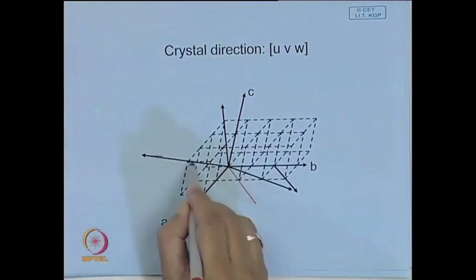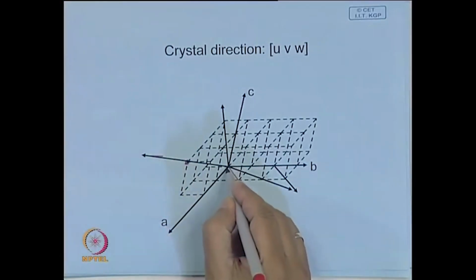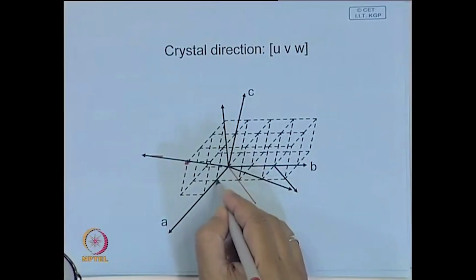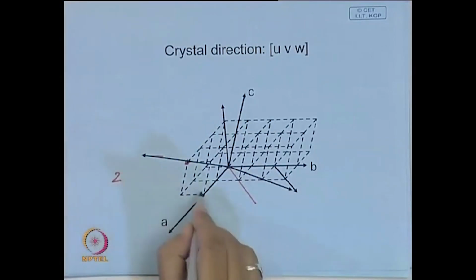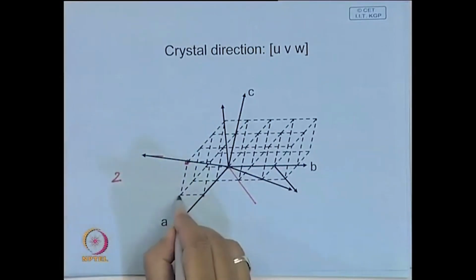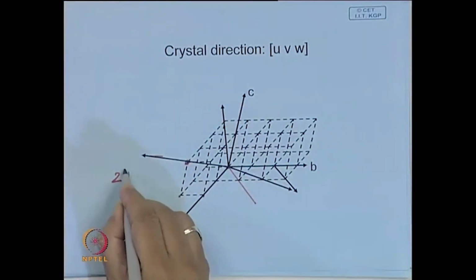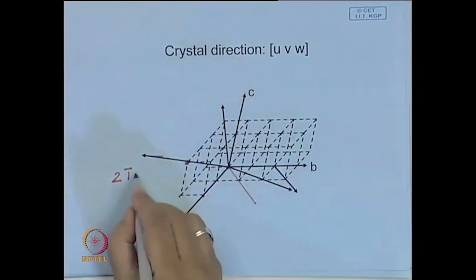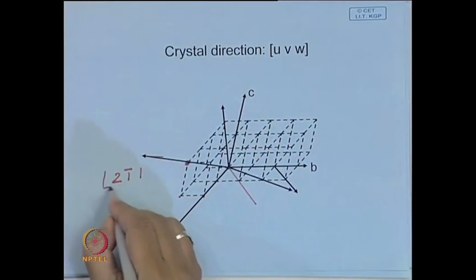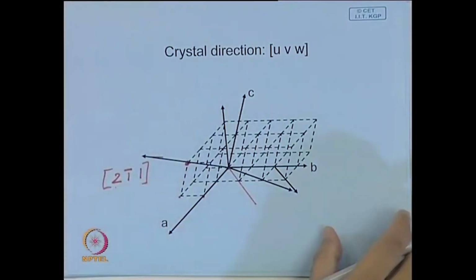We have joined this point with this point. So, you find out, you go 2 steps along A in the positive direction, then 1 step along B in the negative direction, 2 1 bar, and 1 along C direction. So, this is called 2 1 bar 1.